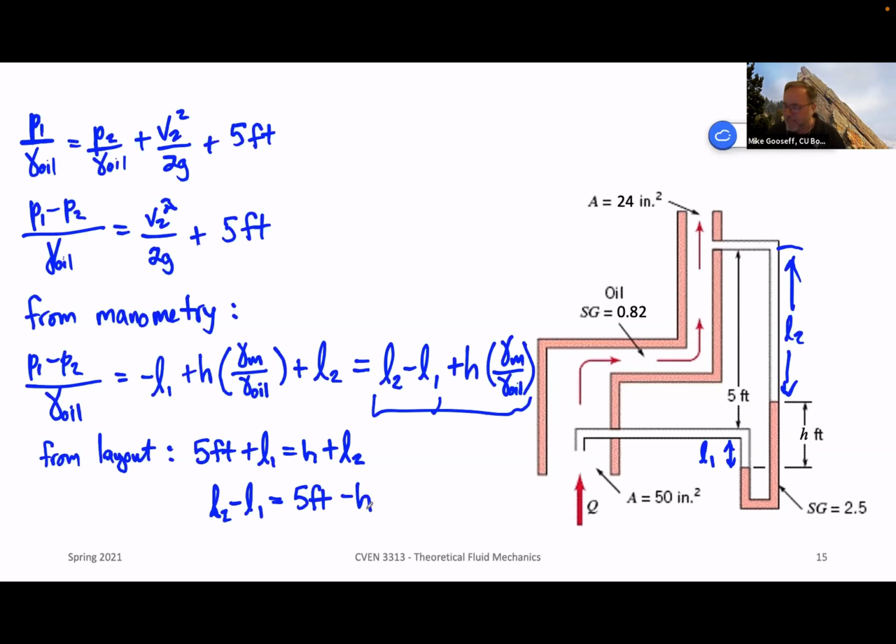And the reason I did that is that now this is just from the layout. So I can now plug this into here and get rid of L1 and L2 and just have this in terms of H, okay? And then we can plug that back into our equation here, which is the Bernoulli equation. I think I gave myself another slide to do that with. So let me put all that together on the next slide, if that's all right.